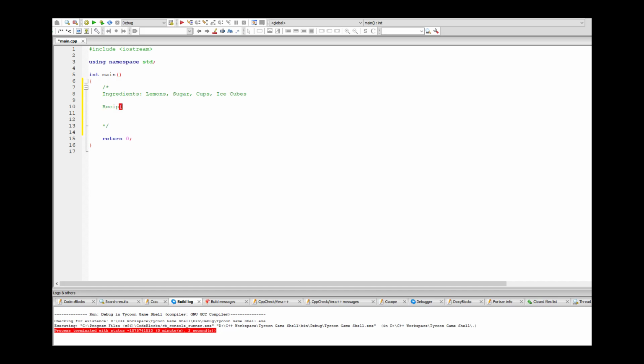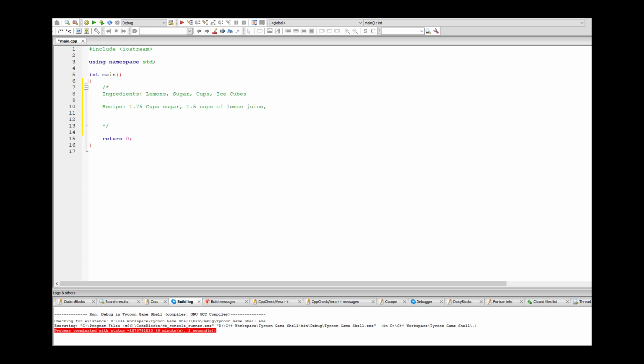The recipe that we're going to have, and I actually picked this up from a place online, is 1.75 cups of sugar. We need 1.5 cups of lemon juice.